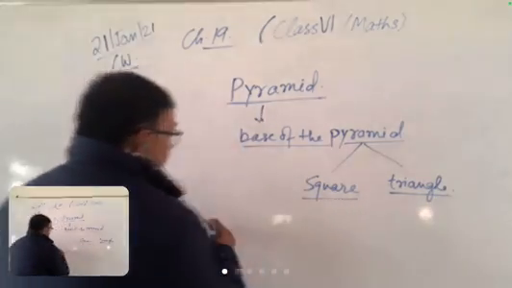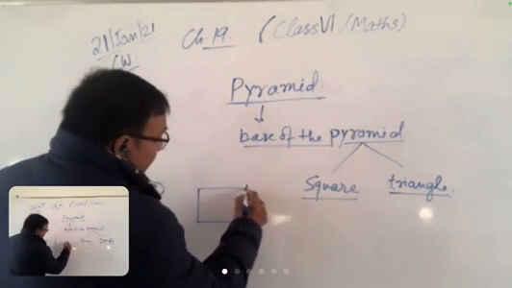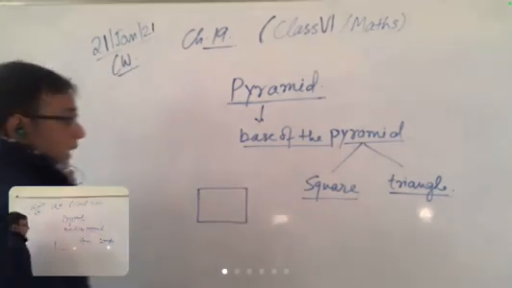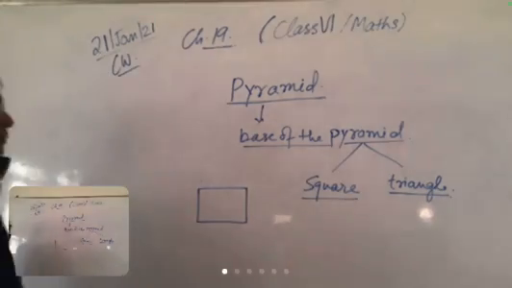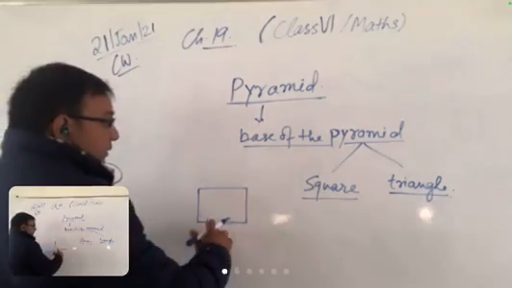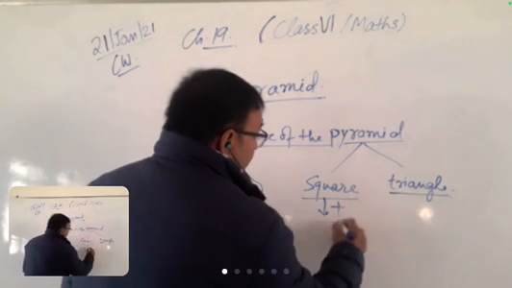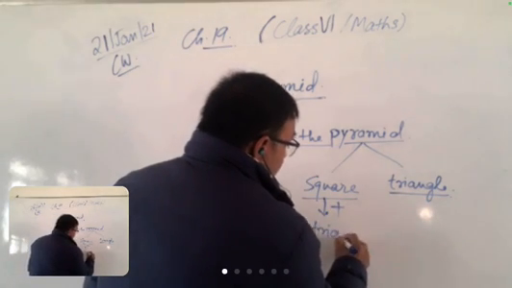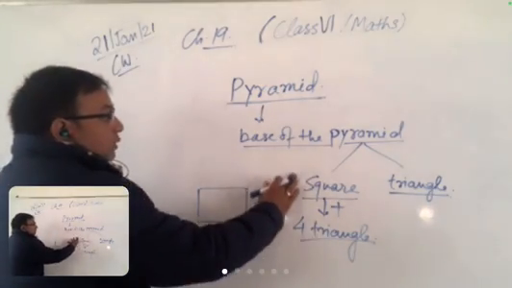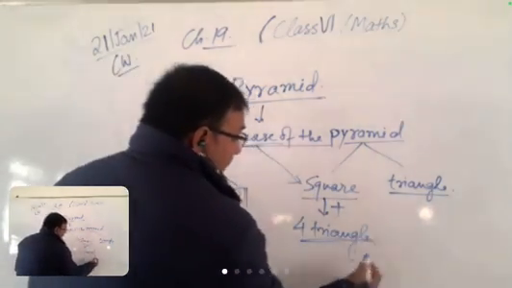So if the base is square, then the rest, 1, 2, 3, 4, means the base, which is a square, plus 4 triangles.